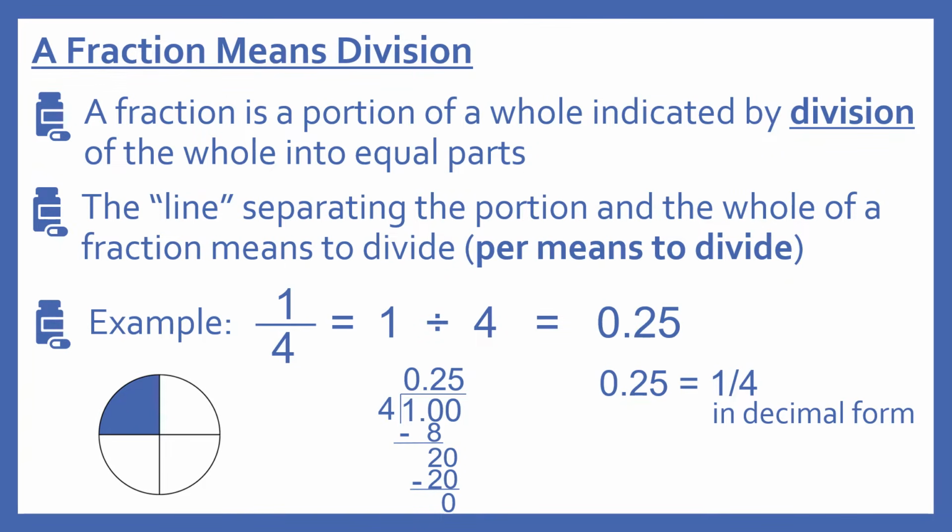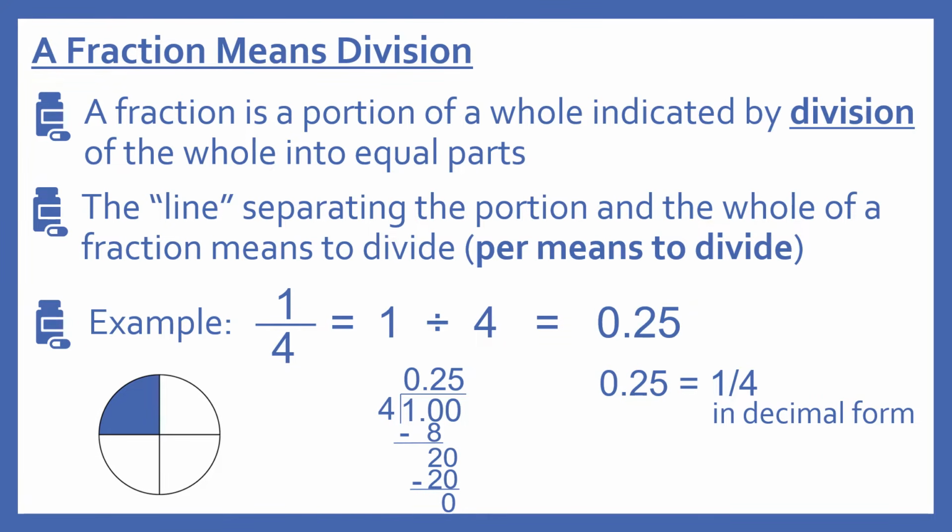So now we're going to talk more about the definition of a fraction, look a little closer at that. So a fraction is a portion of a whole indicated by division of the whole into equal parts. So the line separating the portion and the whole of a fraction means to divide. So per means to divide. Remember I said one of the ways to say a fraction like 1/4 is one fourth or one quarter, but per means to divide.